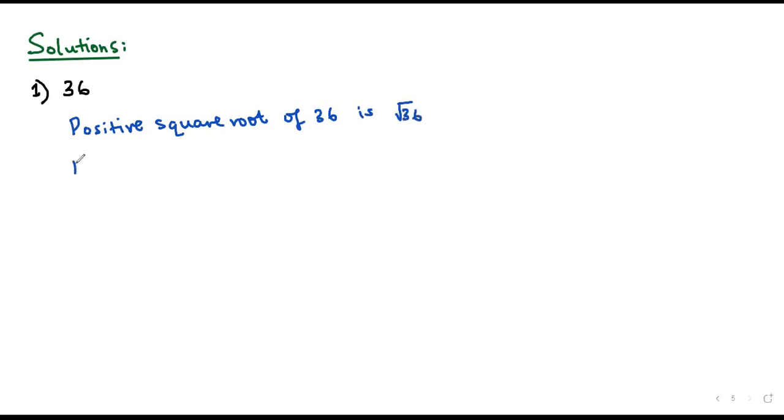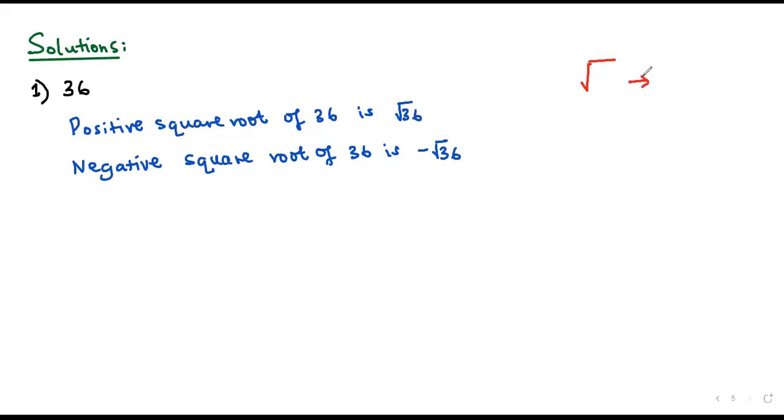And the negative square root of 36 will be negative square root of 36. Oh, one more thing that you need to know is about this symbol. Whenever you look at this symbol, you need to know that it means square root. This is the symbol for square root. That's why I'm using it here and I'm using it here.